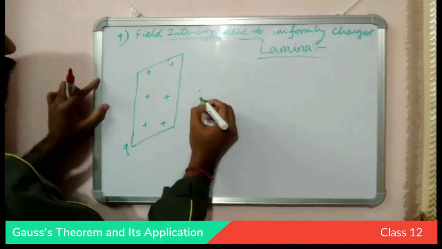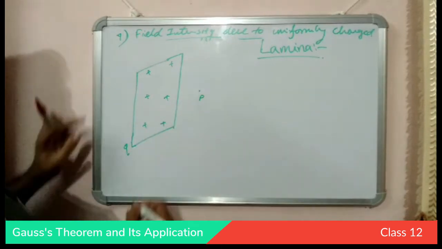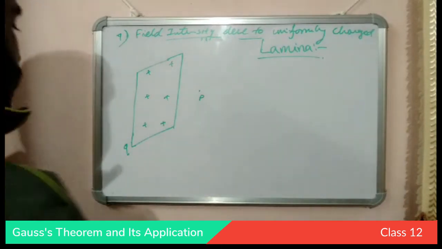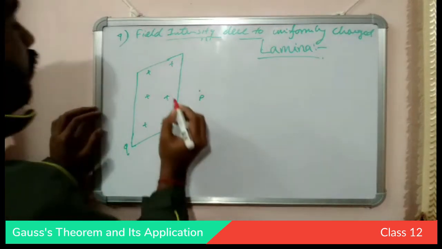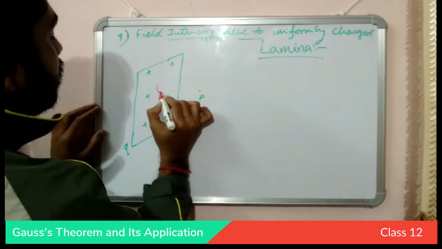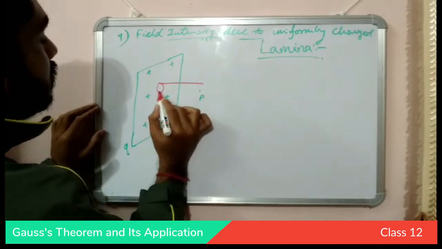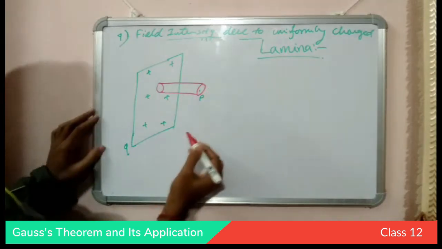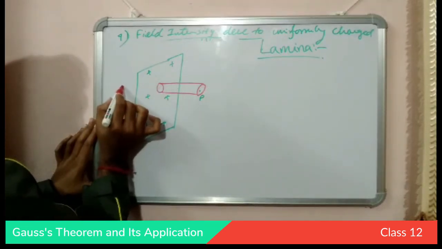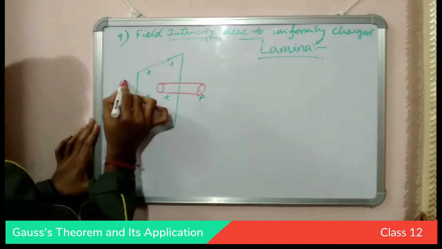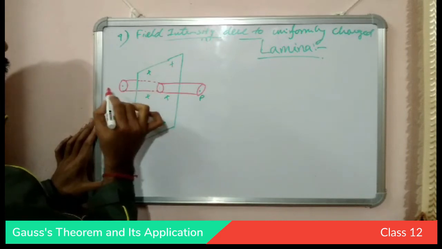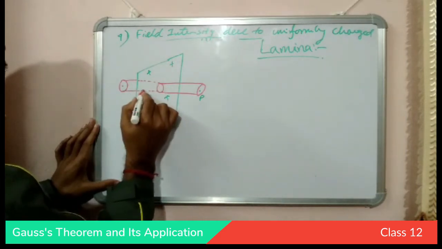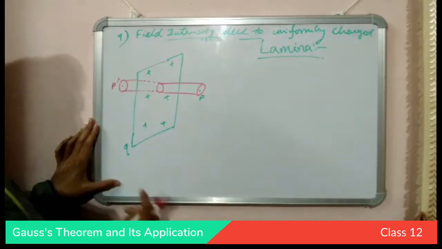You have to calculate here the field intensity. So at first what we will do is we will consider a cylindrical shape, and this cylinder will pass through P, and on the negative side or the opposite side we'll consider another cylinder which will be equal to this, and it will pass through P prime.